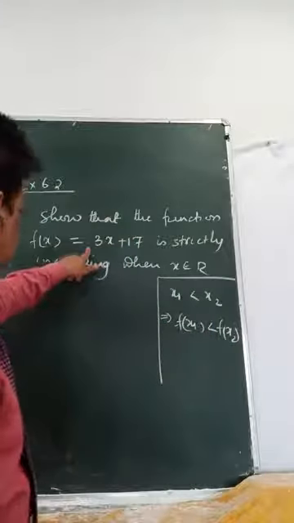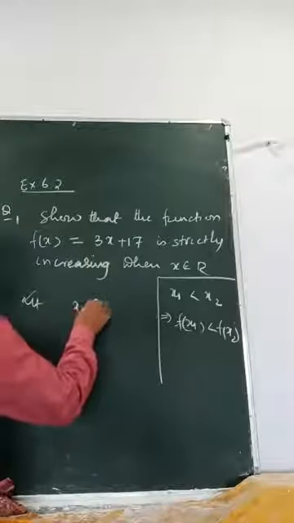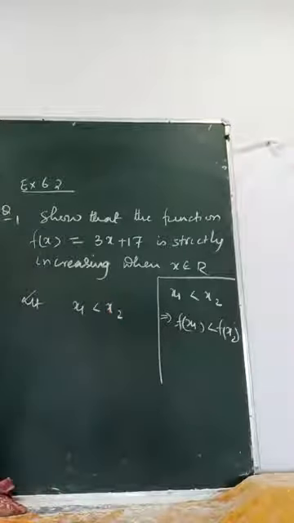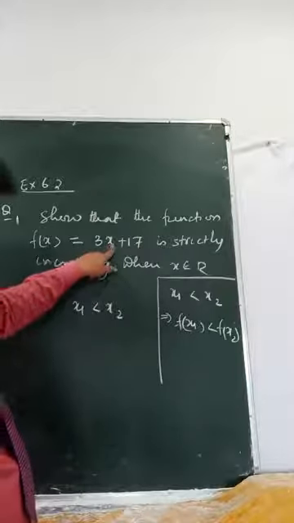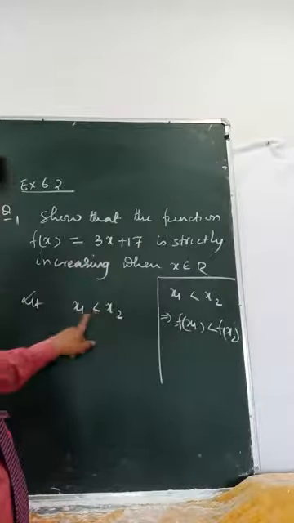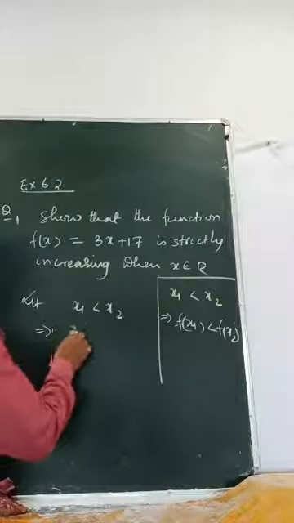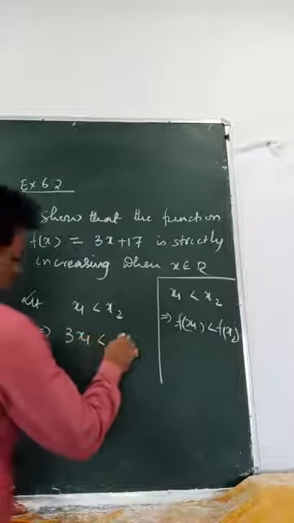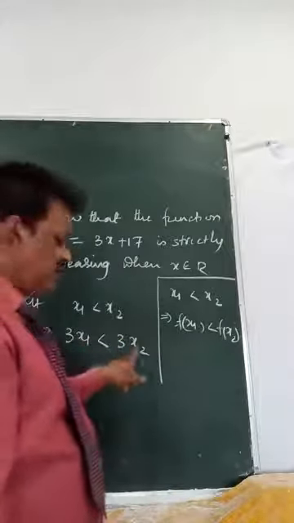So let x1 be less than x2. Now I have to create this function, meaning 3 times x, so I can multiply by 3 on both sides. There will be no change in the inequality: 3x1 is less than 3x2. This is possible. The value still remains less than.